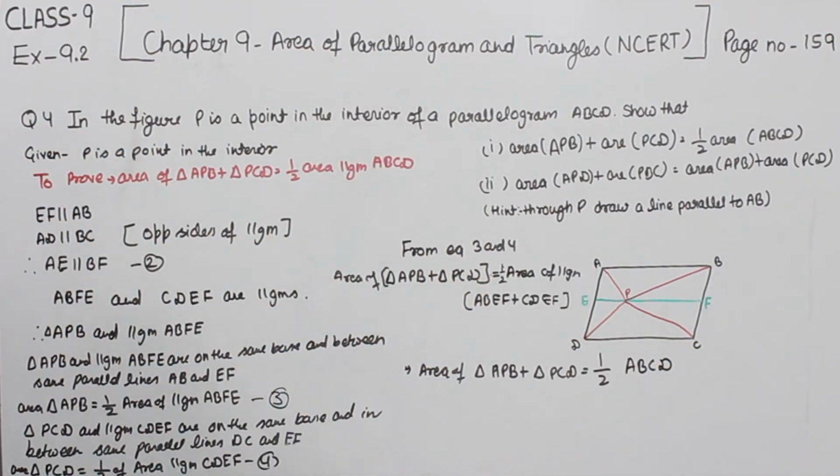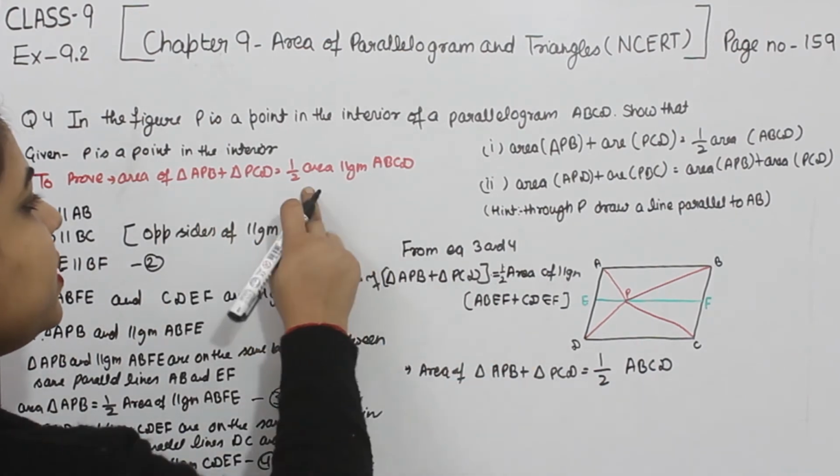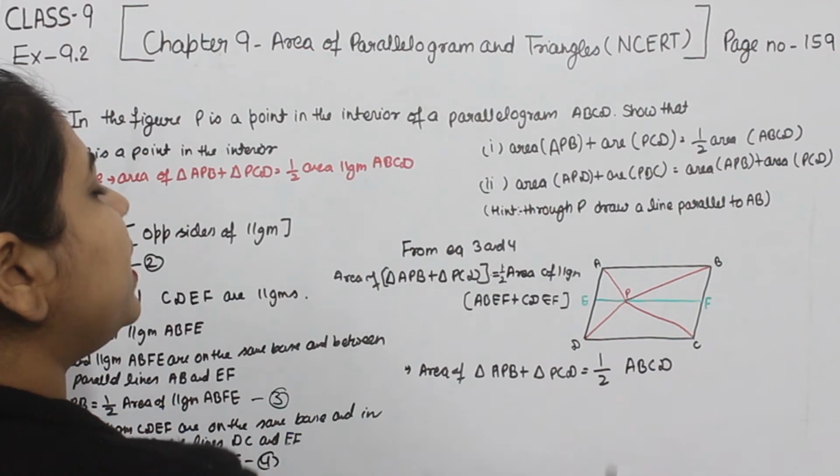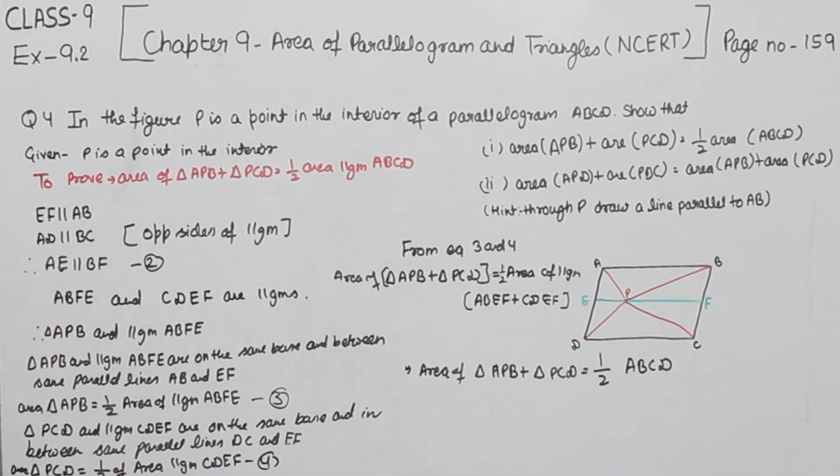So the area of triangle APB plus triangle PCD is equal to half of the parallelogram ABCD. This is part 1.